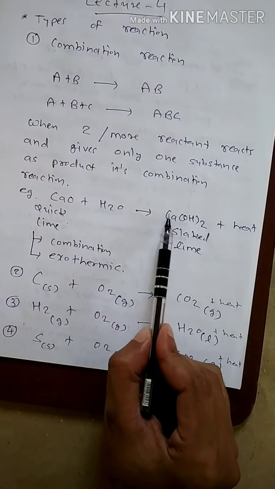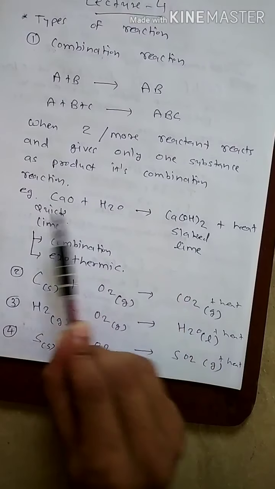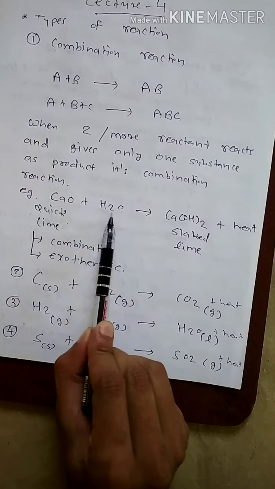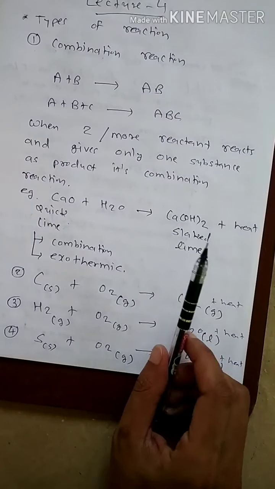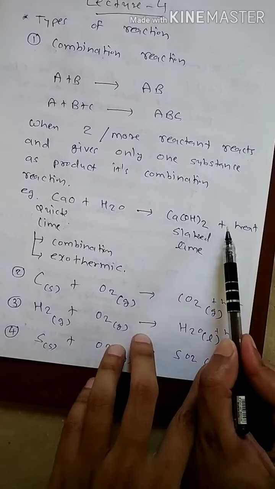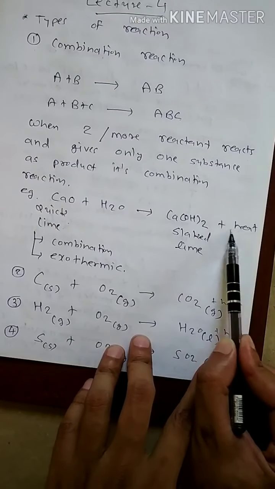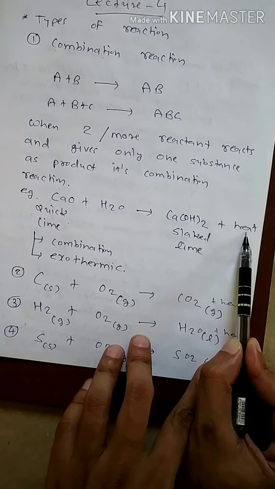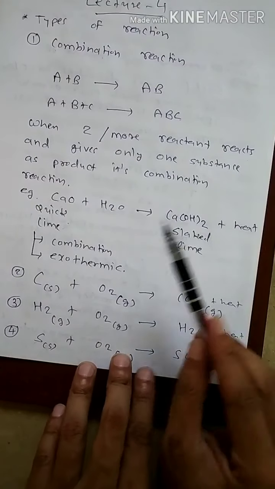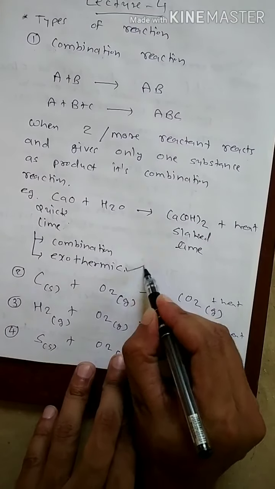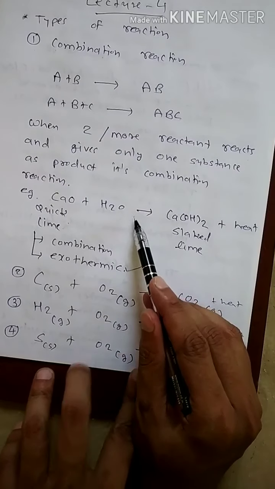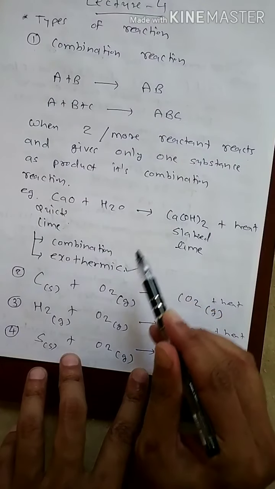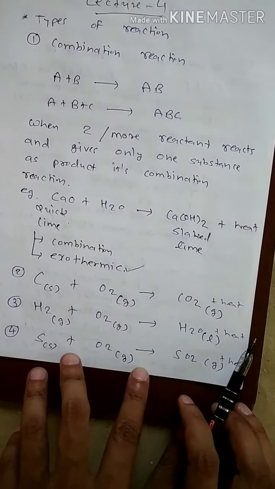Now you can see the product is only one here, with 2 reactants, so it is a combination reaction. Also heat is produced here, heat is evolved, so it is called an exothermic reaction. So this is an example of a combination reaction as well as an exothermic reaction.